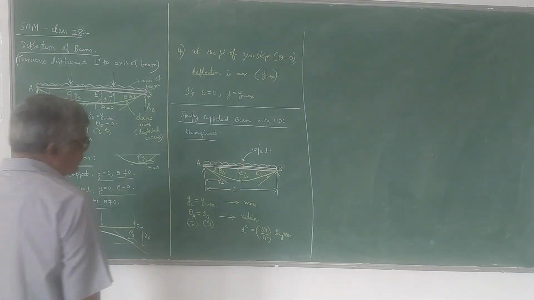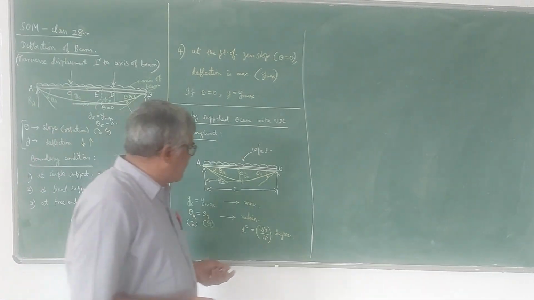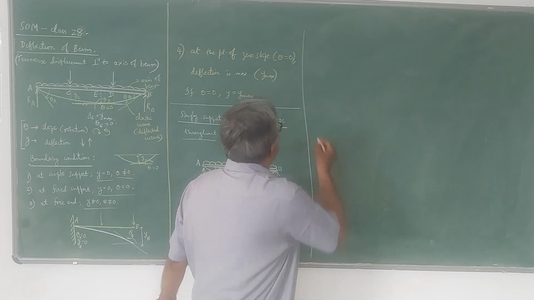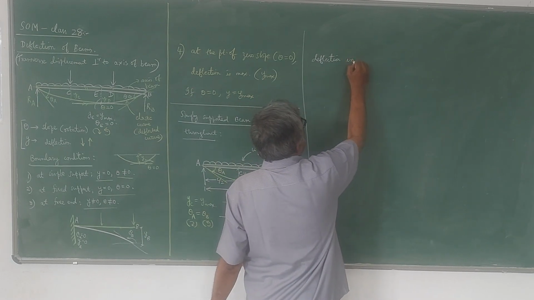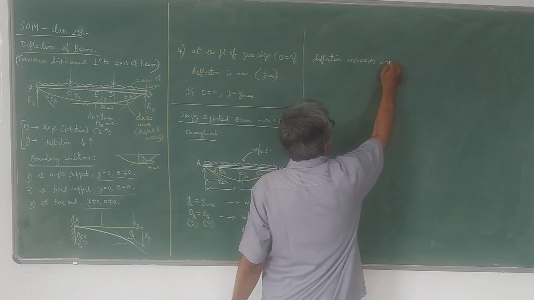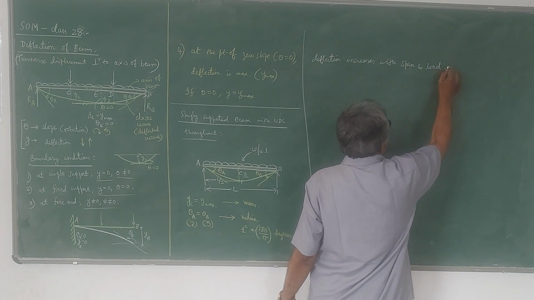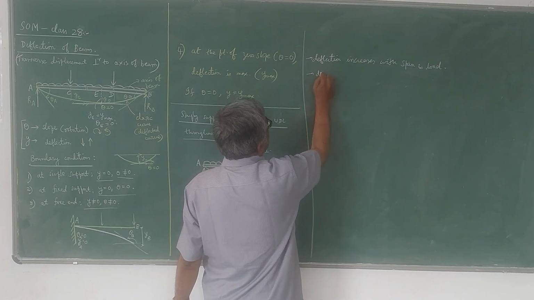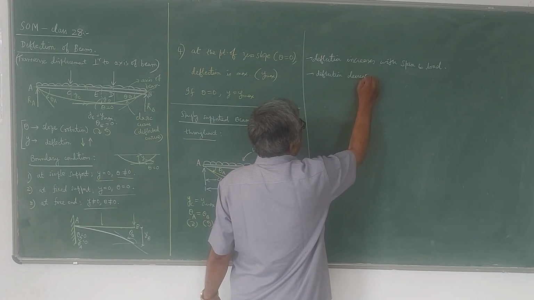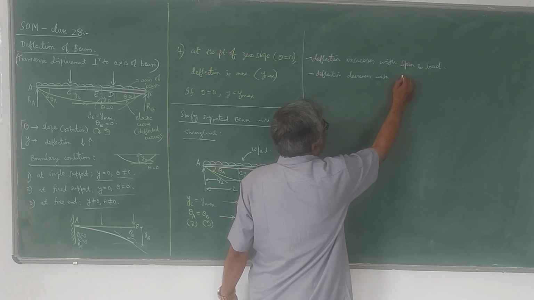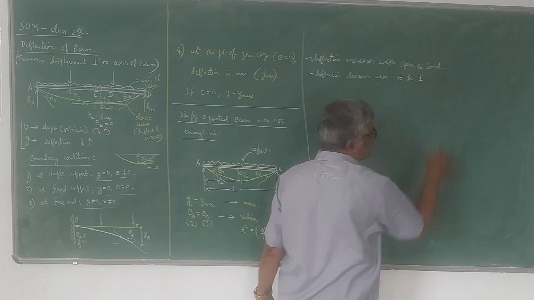Now here, another thing is this deflection is directly proportional to span. You can see here, deflection increases with span and load. One important thing, then deflection decreases with Young's modulus value of the material of the beam and moment of inertia of the section of the beam.